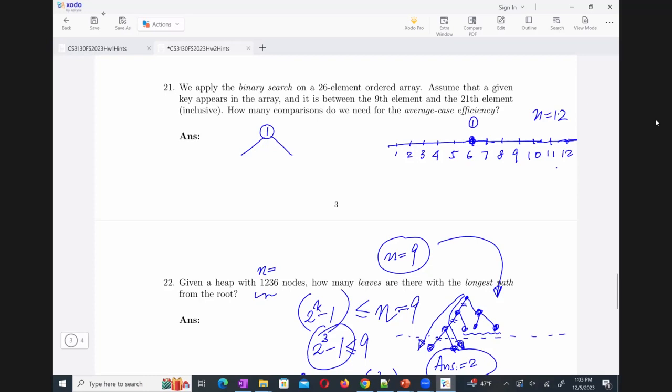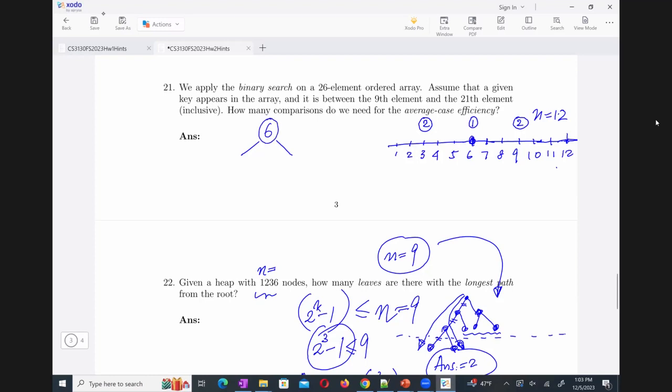Then the left half, the second comparison here. Second comparison, how many? Left median 6, second comparison here, okay? So the first comparison: let me put this node number 6.